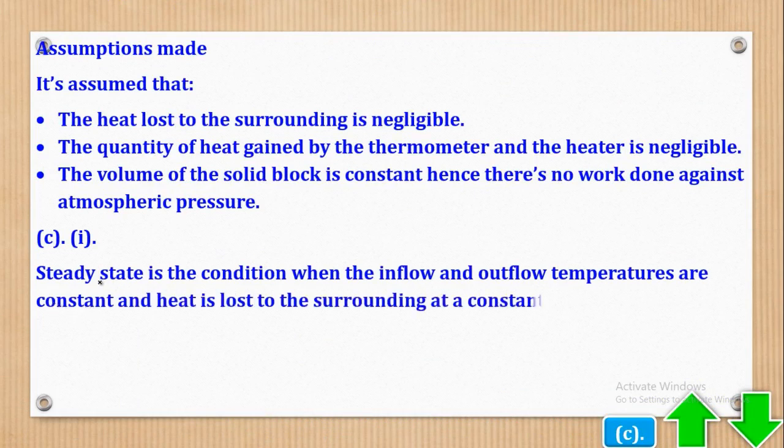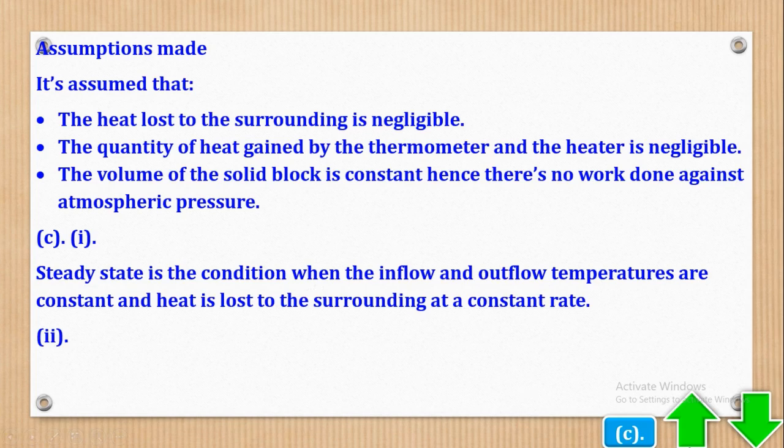So here you come and say that steady state is the condition when the inflow and outflow temperatures are constant and heat is lost to the surrounding at a constant rate. So that was C Roman 1.